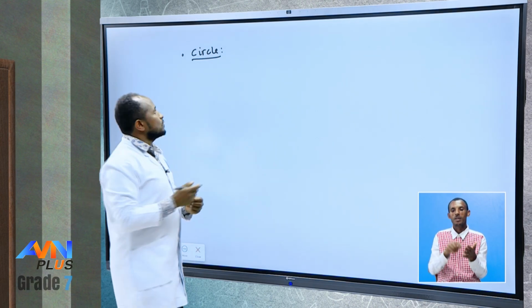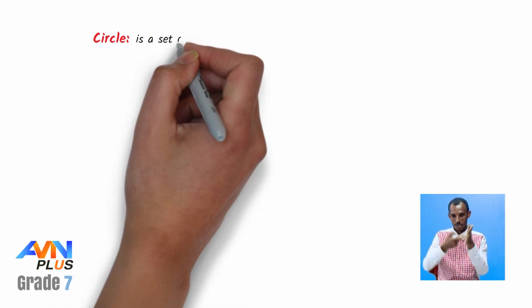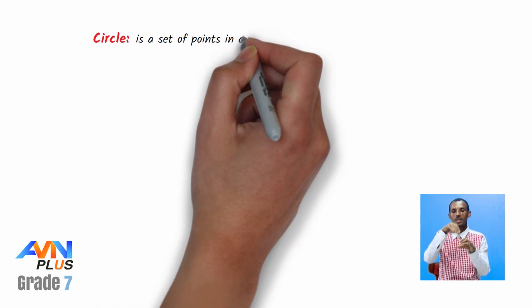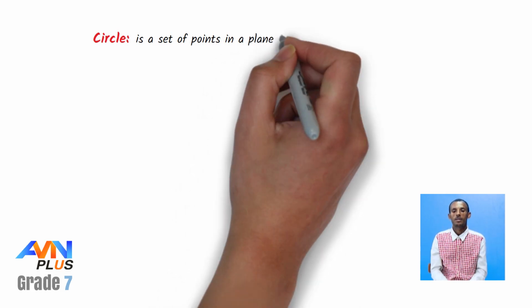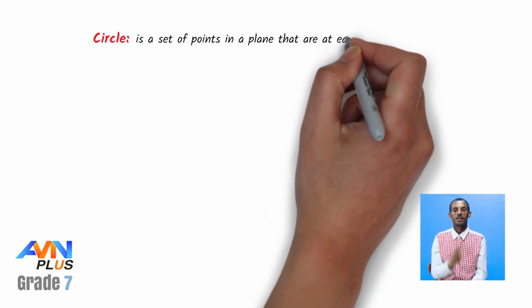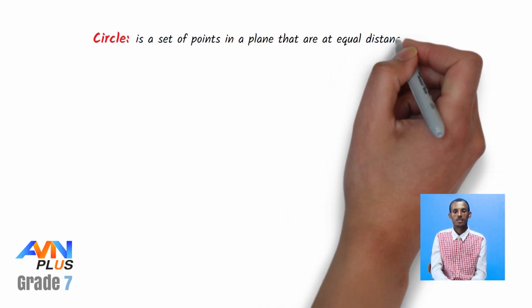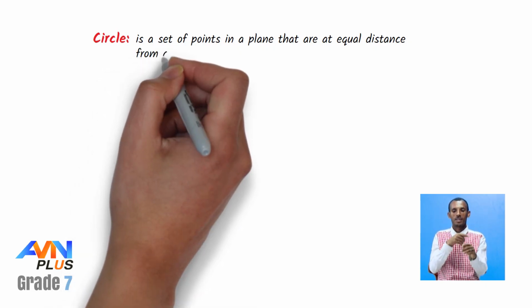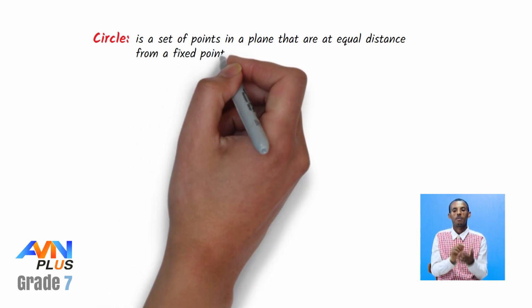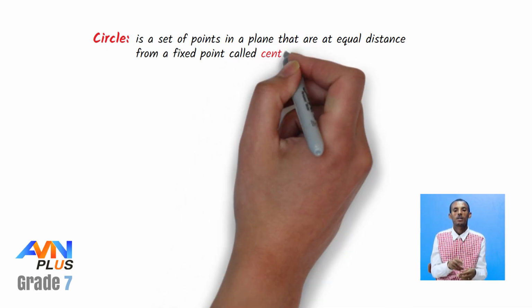of a circle. So here, a circle is a set of points in a plane that are at equal distance from a fixed point called the center of a circle.